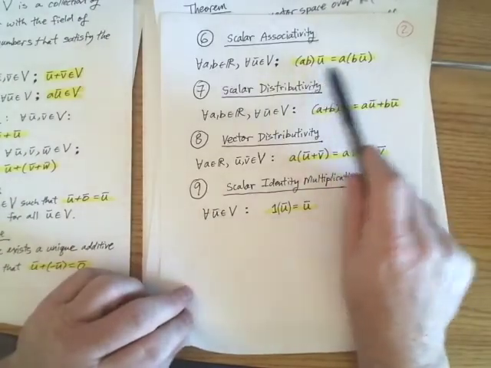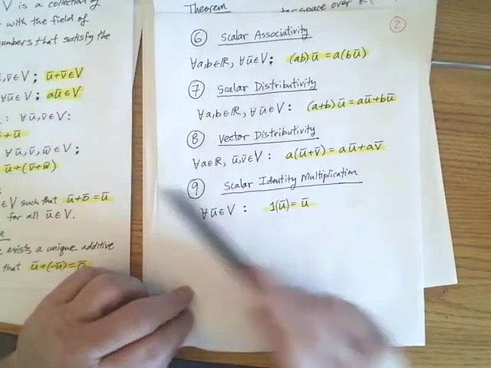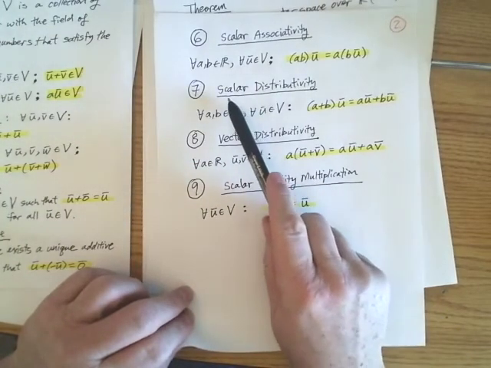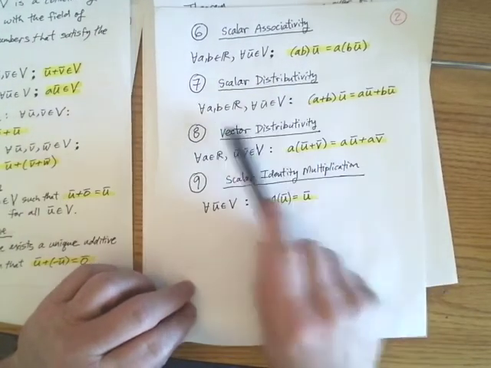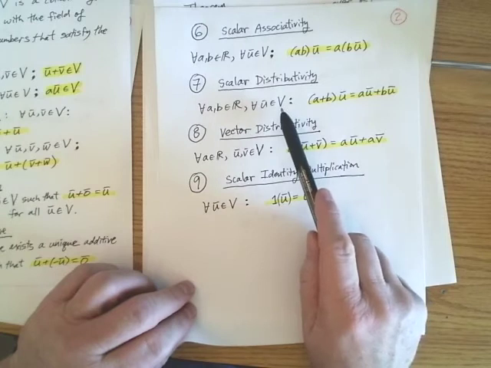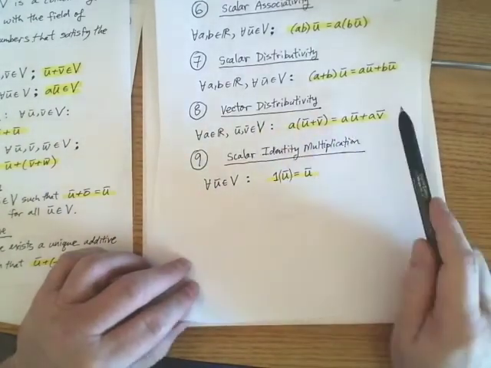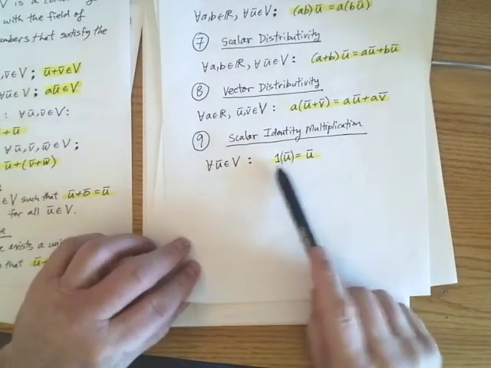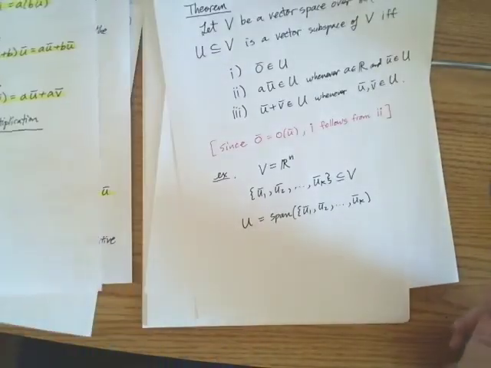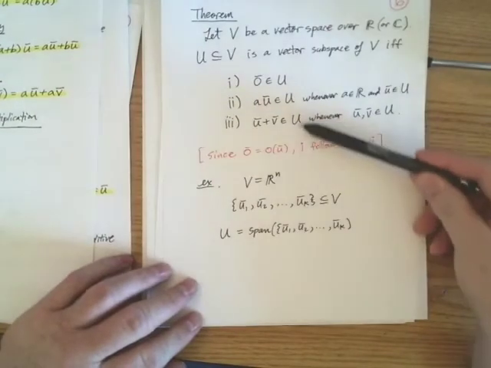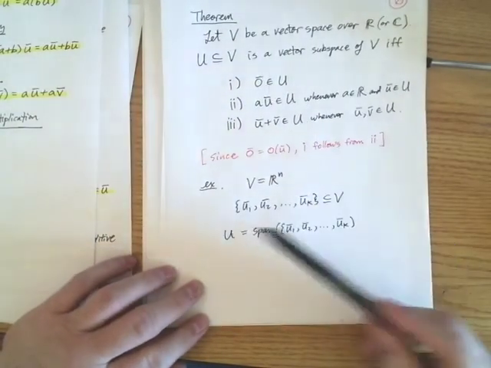Again, that's an inherited property from the original space. Scalar distributivity, inherited. Vector distributivity, inherited. Scalar identity multiplication, inherited. So basically, this is all we need here. Actually, only these two. Even that's a little redundant.